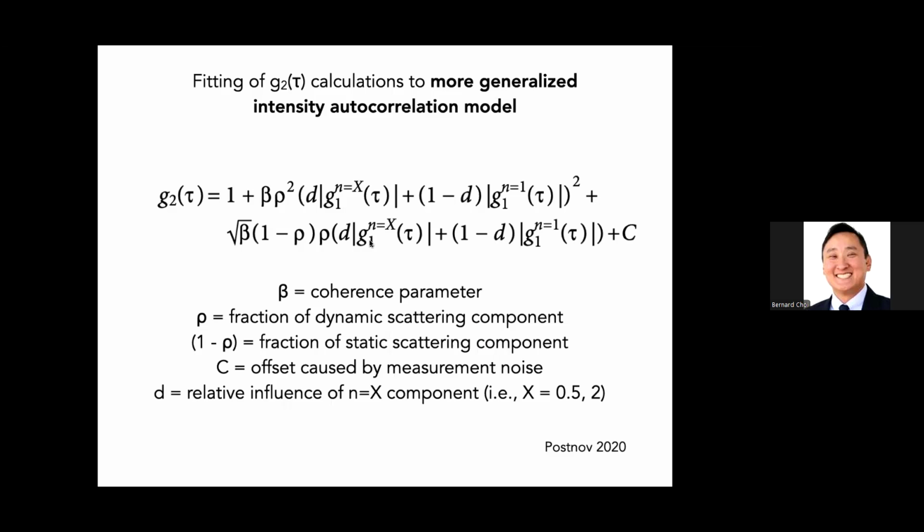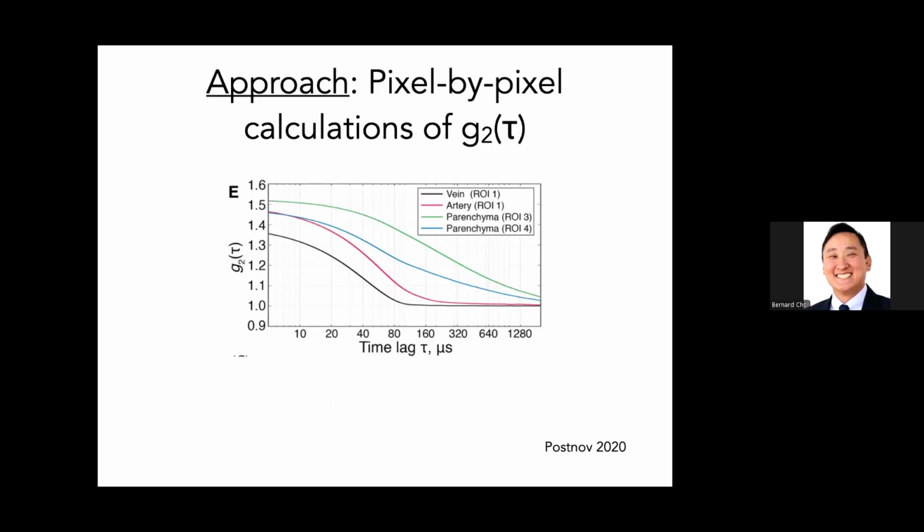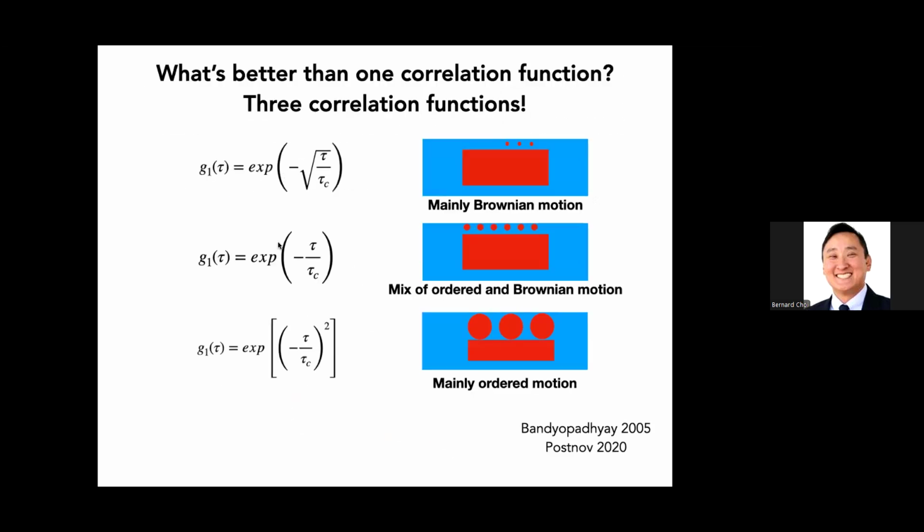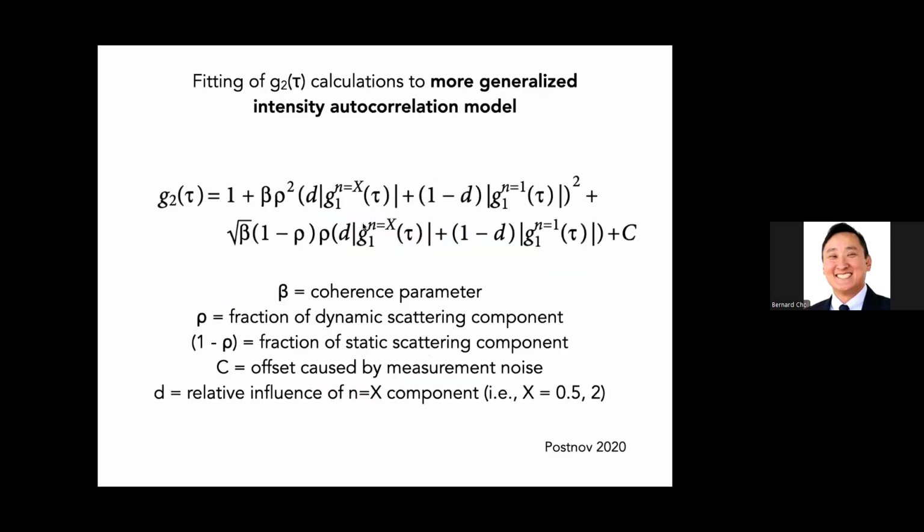And this is our fun G2 equation right here. All this is an extension of the multi-exposure equation, but now it has terms related to different types of flow dynamics. It's taking these three correlation functions and integrating them in as fractions.